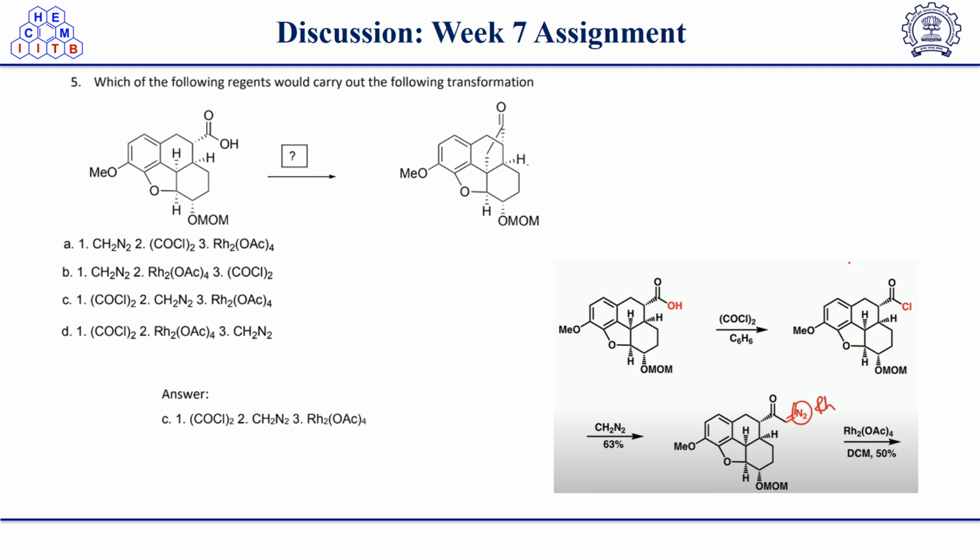Then on treating this acid chloride with diazomethane, we will get this particular diazo compound. In the next step, on treating with dirhodium tetraacetate, it will undergo carbene formation, that is, a carbenoid will be formed with rhodium by the extrusion of nitrogen.